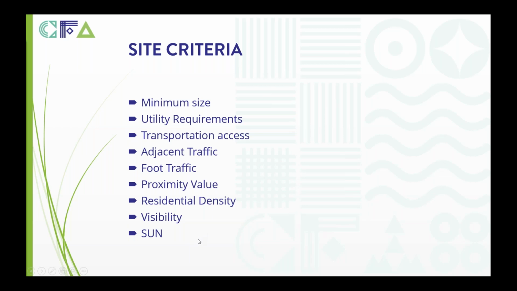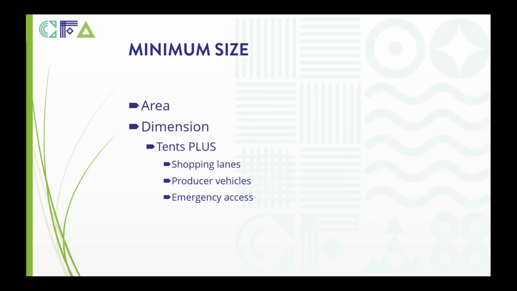Those are the two factors. But you need to understand what that is, and we'll go over that. Utility requirements: electrical, water, bathrooms, etc.; transportation access, traffic, the value of the things that are in the proximity of the market, residential density, visibility, and sun. And we'll address all these things individually.